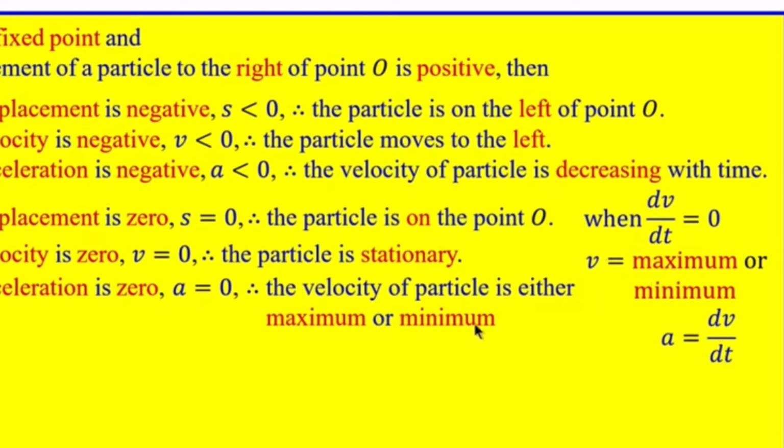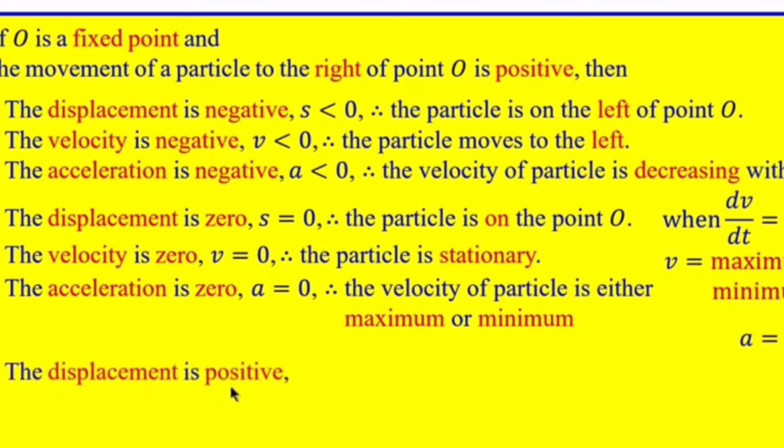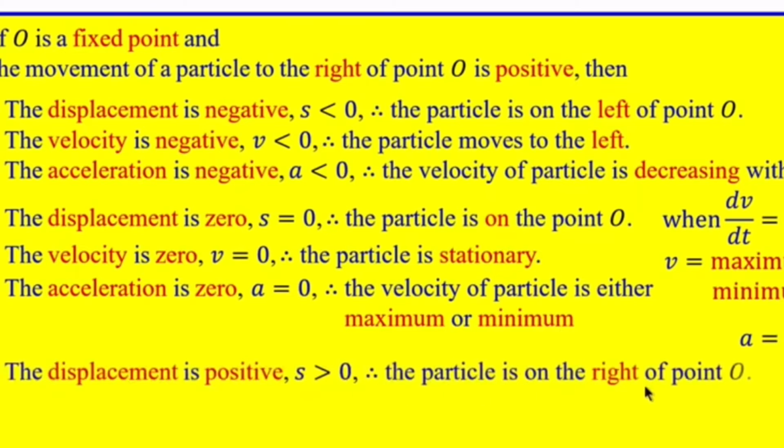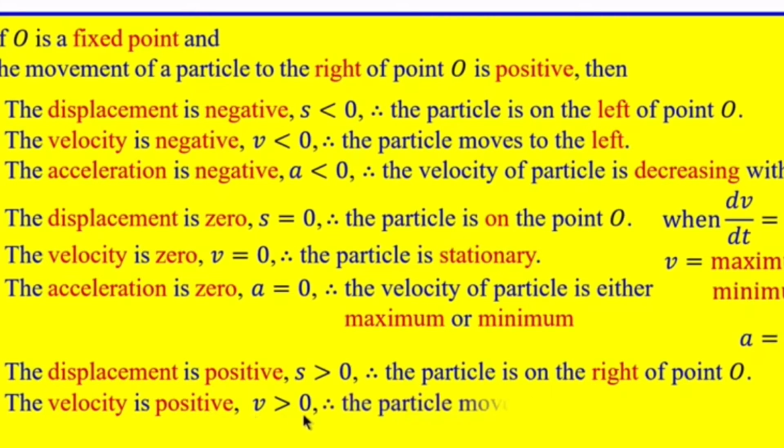These are very important physics concepts that you must master before you can solve problems involving kinematics of linear motion. So all these important keywords you need to go through. The velocity is maximum or minimum when the acceleration is equal to 0.